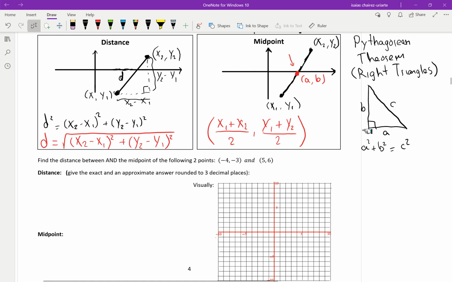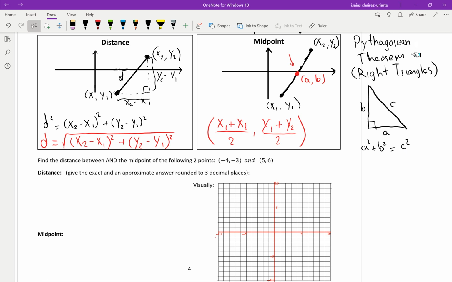So a squared plus b squared equals c squared. That's the Pythagorean theorem.